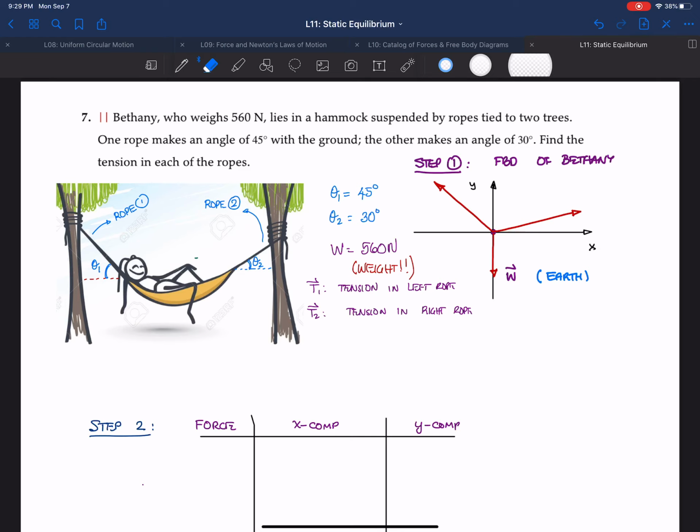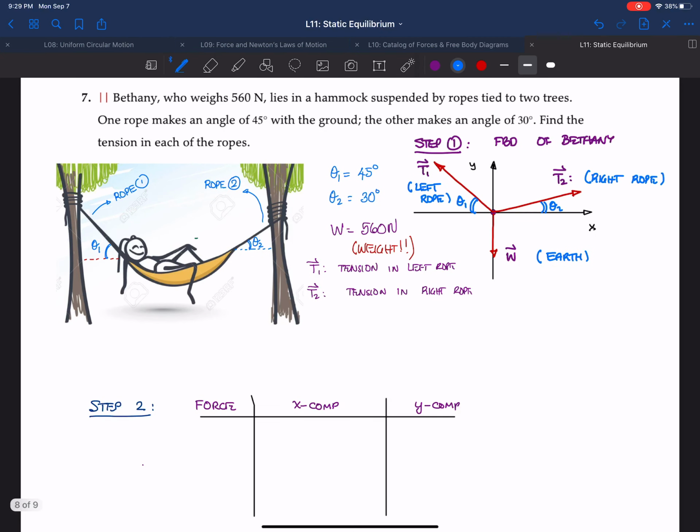This is T1, the tension, and that's the force that the left rope is exerting, and this is tension T2, the tension that the right rope exerts on Bethany. So we've got T1 and T2. Now the angles: that angle is theta 1, that angle is theta 2. So unlike the previous problem, here the angles are specified relative to the horizontal.